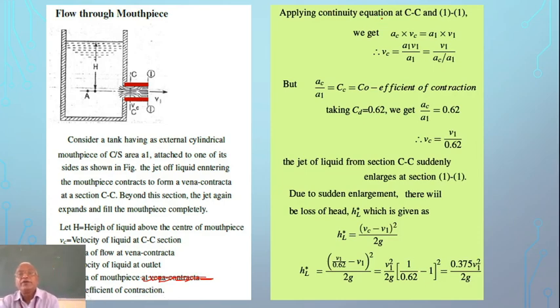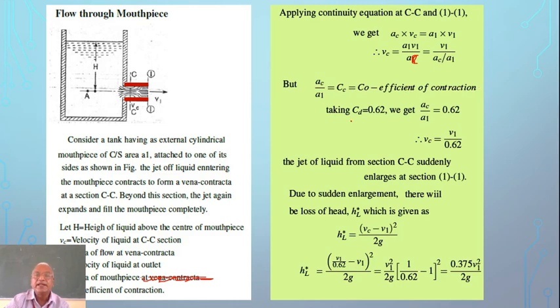Now applying the continuity equation at Cc and 1-1, AC into VC, area into velocity, equals A1 V1. Because of that, VC will be equal to A1 V1 by AC, right? So AC by A1 is nothing but Cc, the coefficient of contraction.